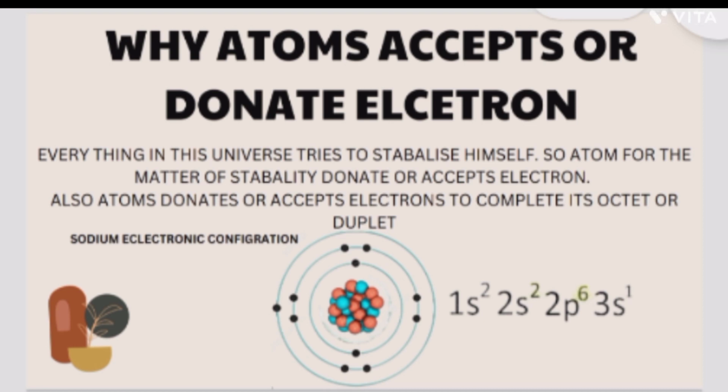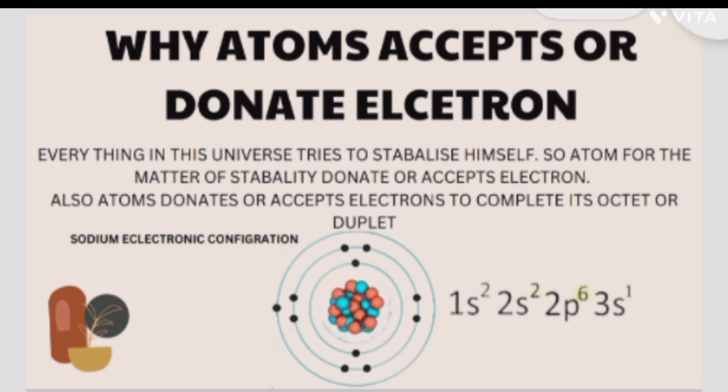Look at the example of sodium. Sodium has 11 electrons in its shells, so one electron is extra in sodium. If it donates this one extra electron to any other atom, the sodium octet can be completed.